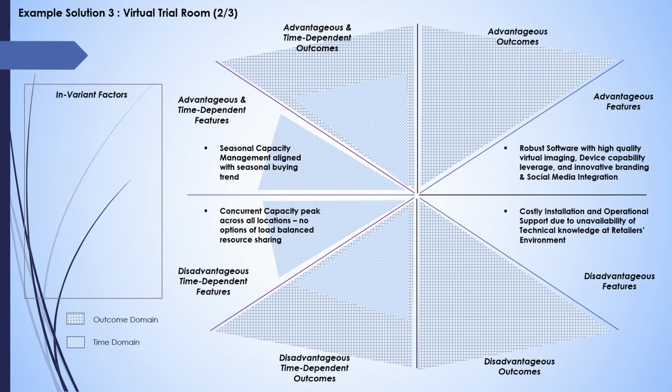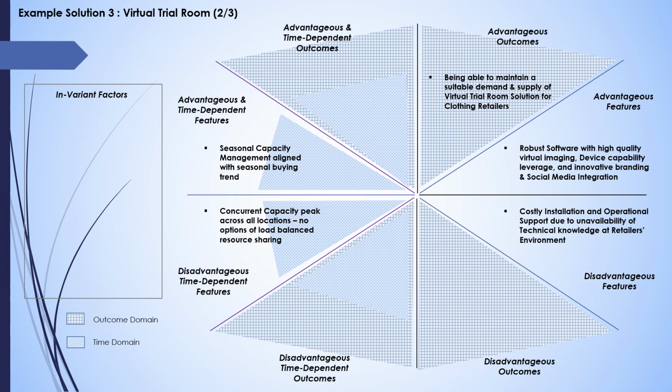Maintaining consistent service availability under those conditions is genuinely difficult, and it's a structural challenge that grows more complex as the solution scales. Now the outcomes, starting with the clear advantage. The core advantageous outcome is a well-functioning demand and supply of the virtual trial room solution for clothing retailers.